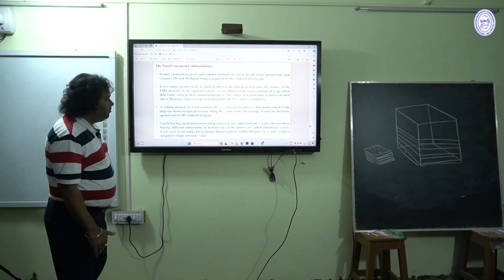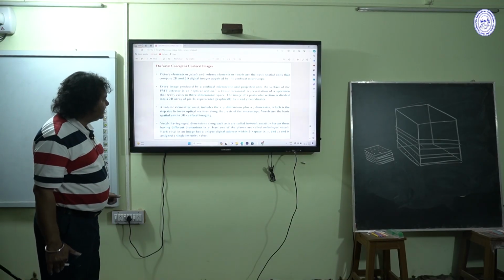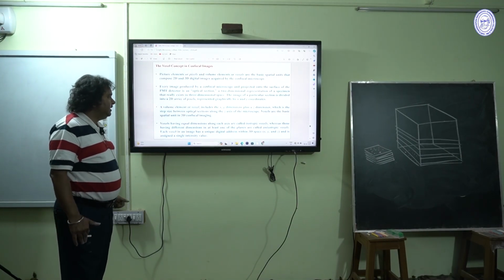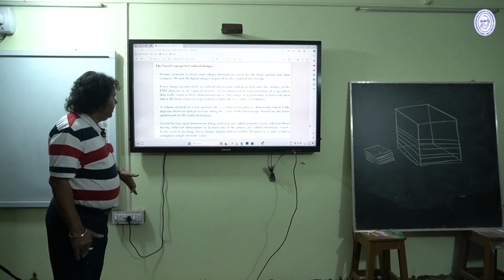Okay, and each voxel in an image has a unique digital address within 3D space, X, Y, and Z.